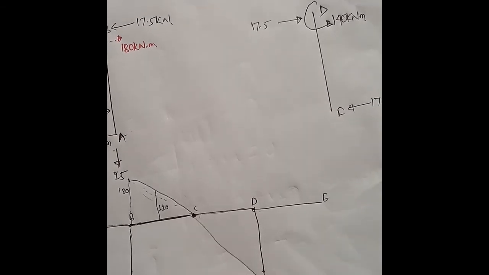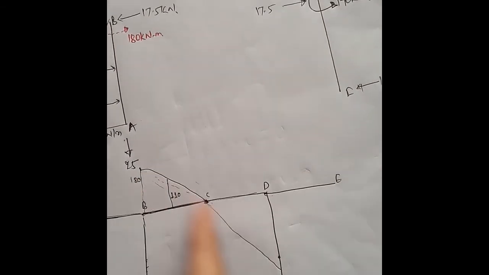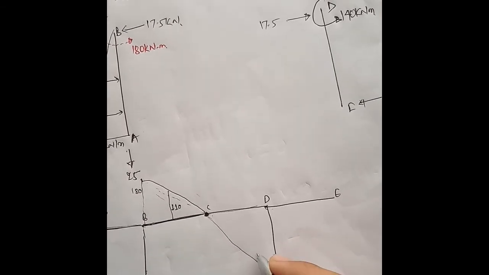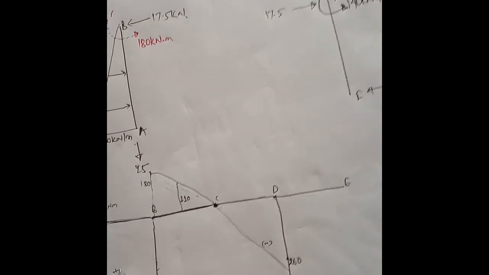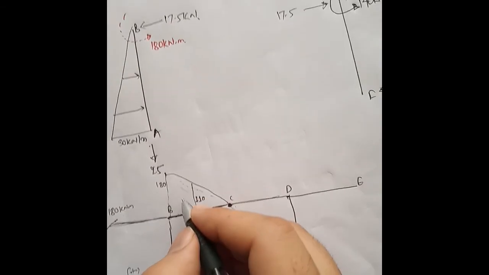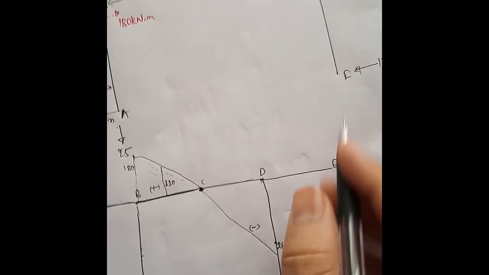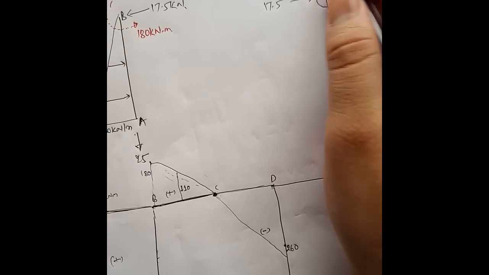This is not the continuing line, this is a very different line. This 260 shall be negative here, and this is positive here, and this is also positive here.